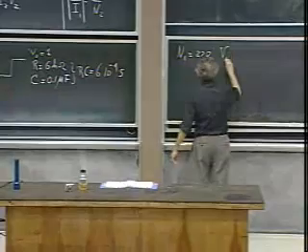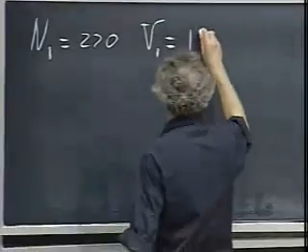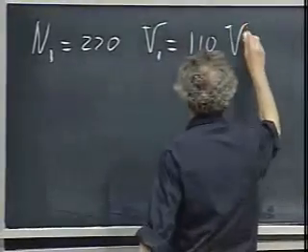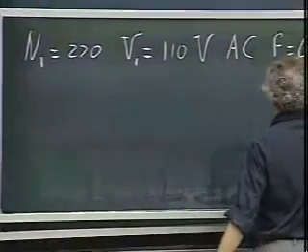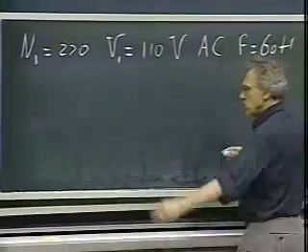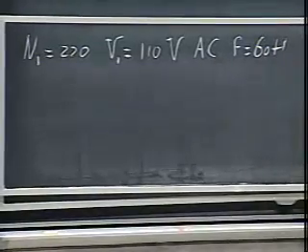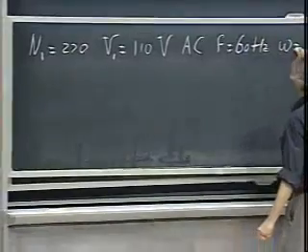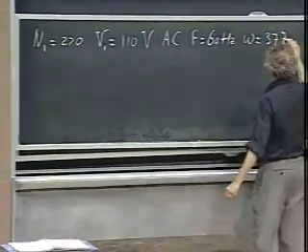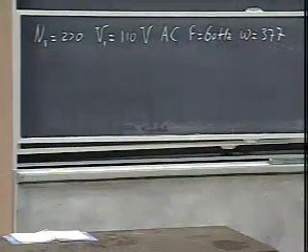And V1 is 110 volts, and it is AC, it has to be. The frequency is 60 hertz. It's just what we get out of the plug here, like you get it in your dormitory. That means omega is about 377, which is 2 pi times f.